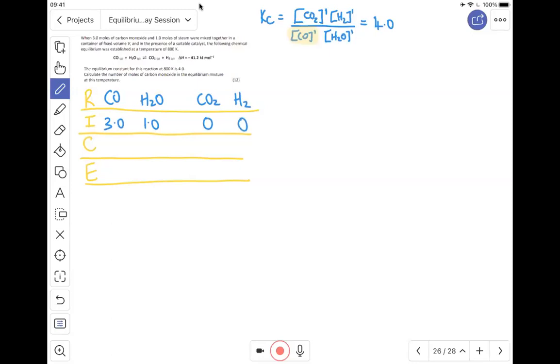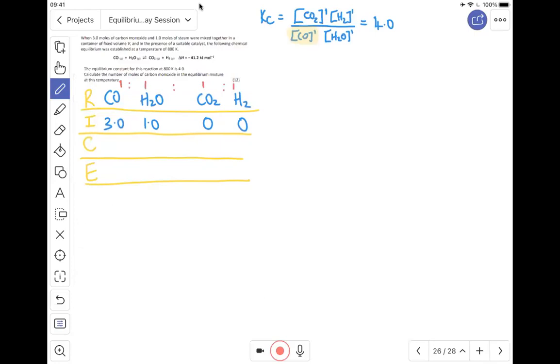Now, when you're calculating a concentration, when you're given the Kc value, you fill in the change column next. It's important that you understand this is a 1:1:1:1 ratio, because this will be important for your change.